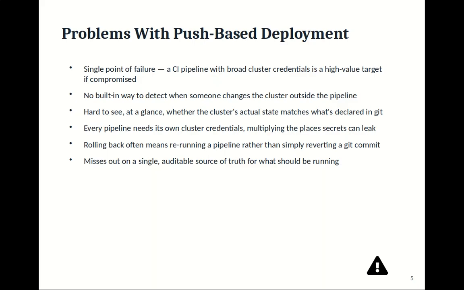Every pipeline needs its own cluster credentials, multiplying the places secrets can leak. Rolling back often means rerunning a pipeline rather than simply reverting a Git commit. Misses out on a single auditable source of truth for what should be running.